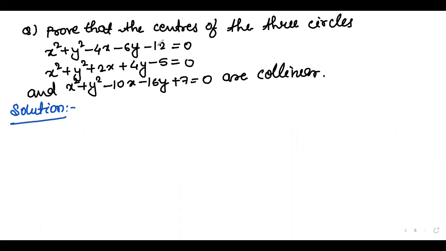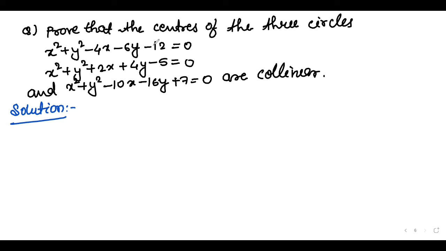Here's the next question. Prove that the centers of the three circles x square plus y square minus 4x minus 6y minus 12 equals to 0, the second circle x square plus y square plus 2x plus 4y minus 5 equals to 0, and x square plus y square minus 10x minus 16y plus 7 equals to 0 are collinear.